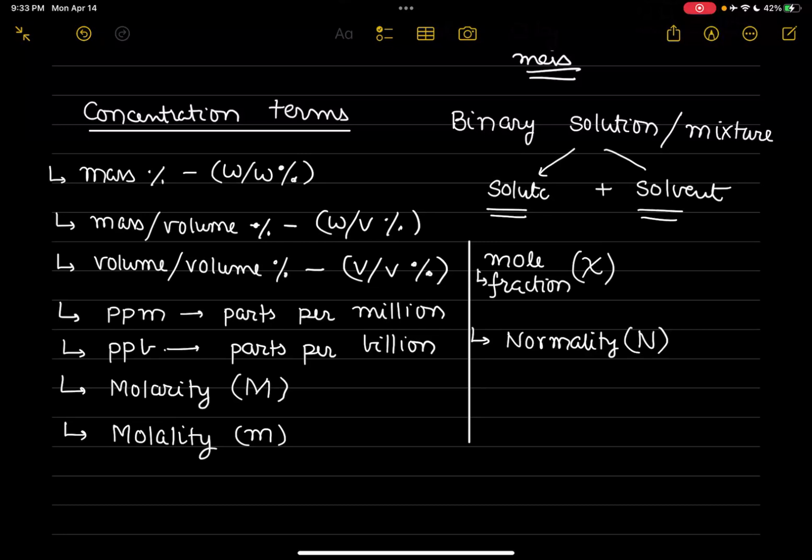So we have these many concentration terms, and these terms will be useful for you in this chapter as well as in the next chapter in class 12 also. They will be asked. In 12, they are there in the liquid solution, and in class 11, they are there in the first chapter, some basic concepts of chemistry.